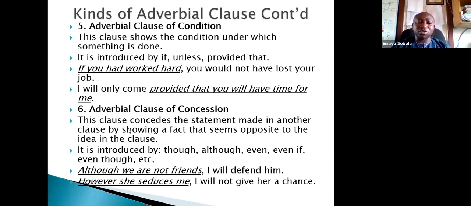When you have the adverbial clause of concession, it shows that what you have said, we can have the opposite, what is not expected. And we have some words like though, although, even though that introduce it. Example, though we are not friends, I will defend him. My question is, when you are not friends, why will you defend someone who is not your friend?